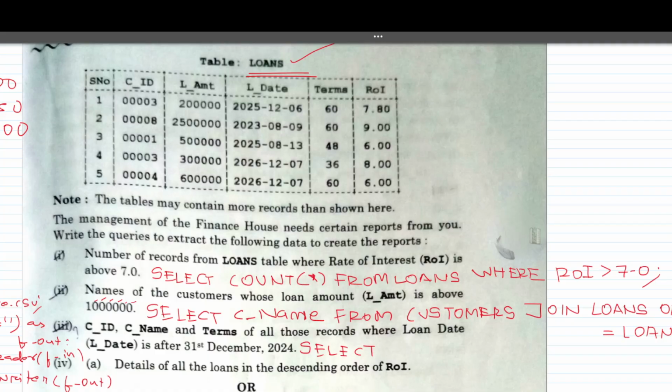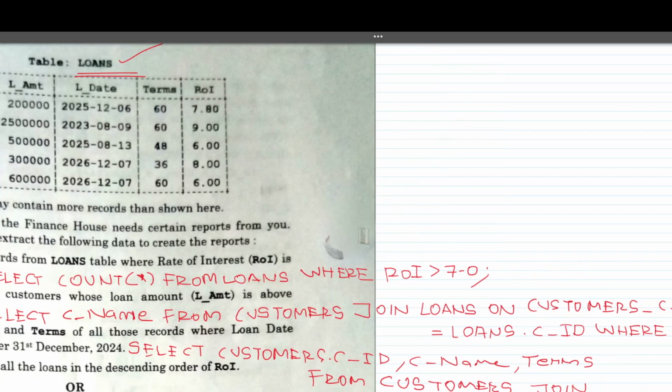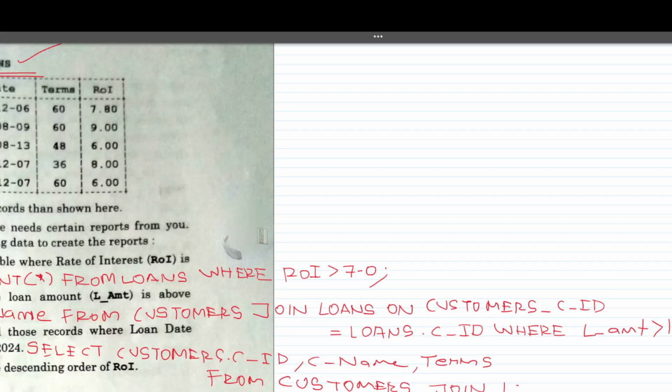CID, CNAME and terms of all records, where, okay, so customers, same CID, CNAME and terms need to be selected from customers. Similarly as the first question was done, I need to do it with the second one as well. I will be joining it with loans.